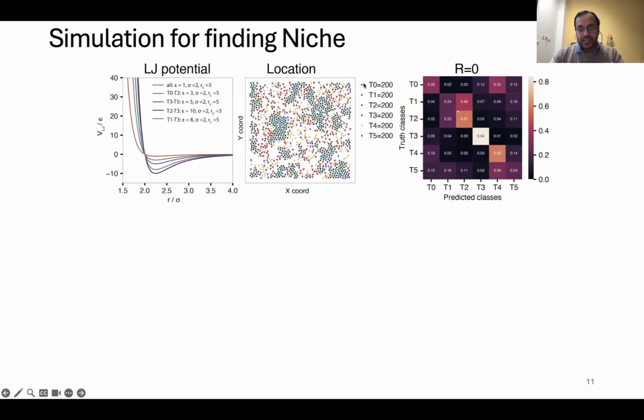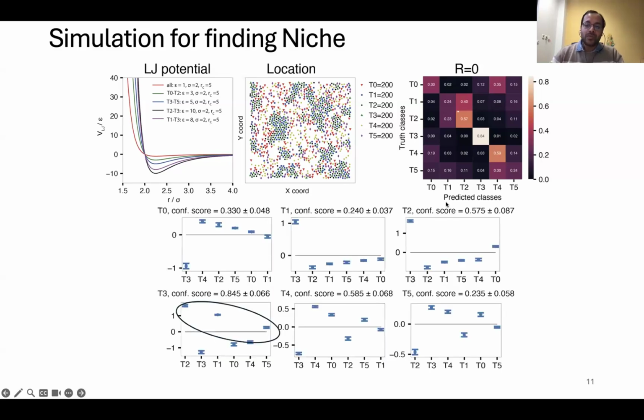I defined six cell types, each with 200 cells, and I used the interaction between T0 and T2 as a 3 epsilon potential, T1 to T3 as 8, and T2 to T3 as 10, and then I got this output, which is the two-dimensional local co-localization of all the particles. From these particles I put them into my machine learning method, and from there I predicted the confusion table. And from this confusion table I created this scoring matrix.